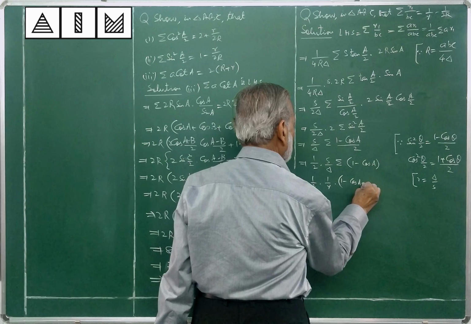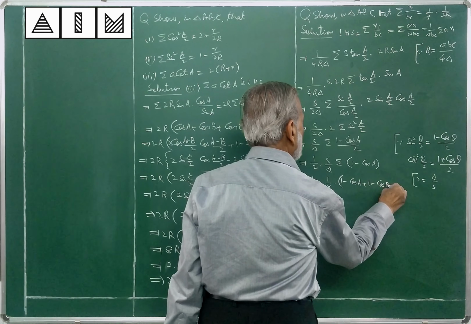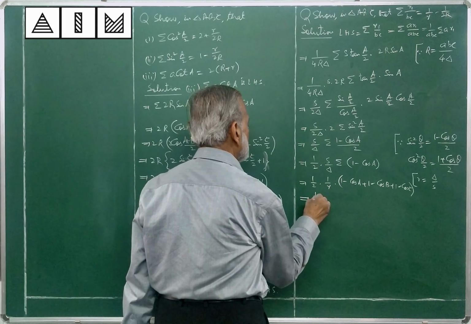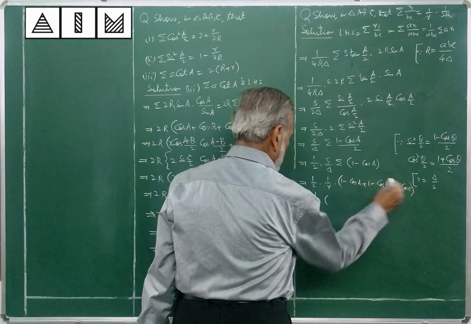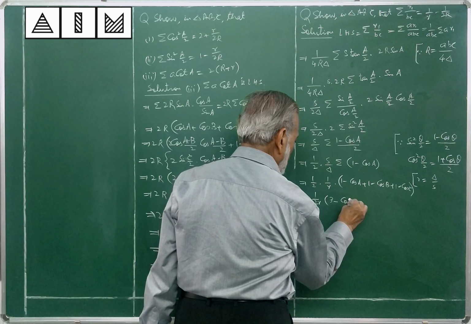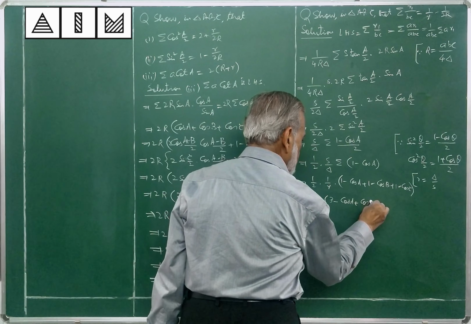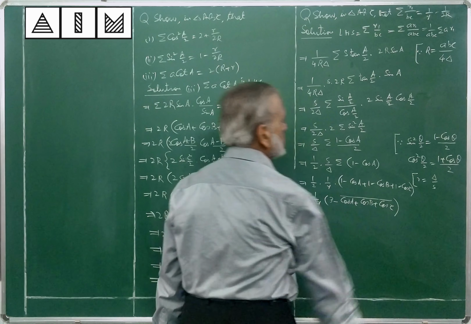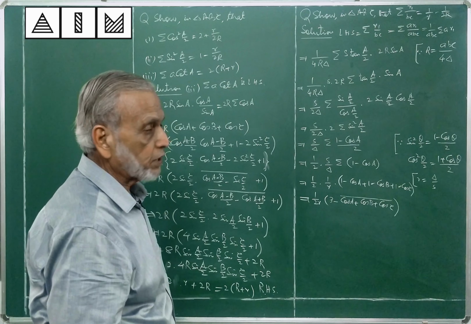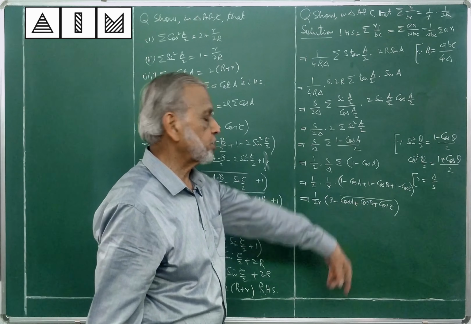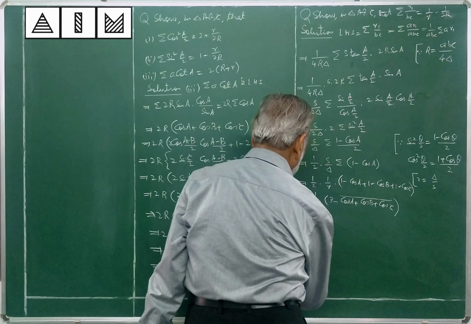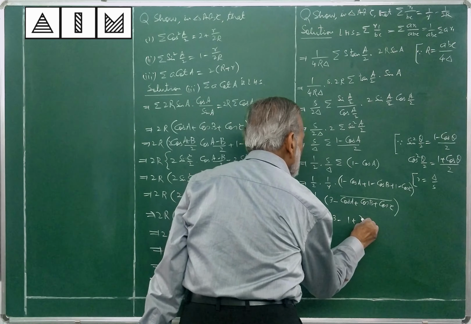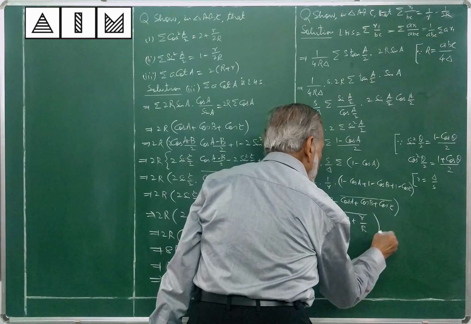1 minus cos A, 1 minus cos B, plus 1 minus cos C. 1 plus 1 plus 1 is 3, minus cos A plus cos B plus cos C. In one of the questions you have proved cos A plus cos B plus cos C is 1 plus r by R. Please see here, I will write here.